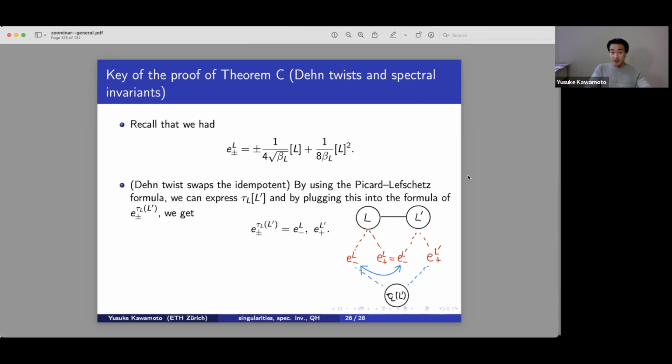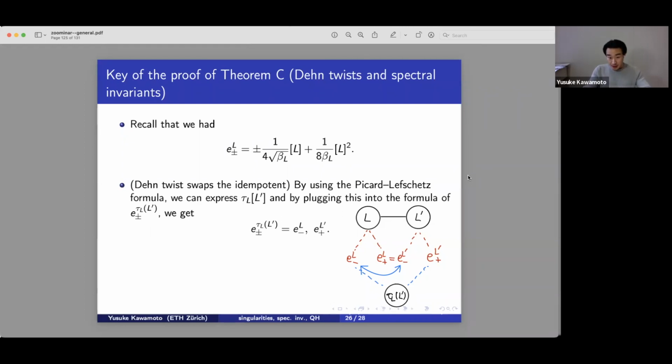By using the Picard-Lefschetz formula, you can express what the corresponding idempotent for the Dehn twisted sphere would be. What you actually learn from it is that the Dehn twist swaps the idempotents.